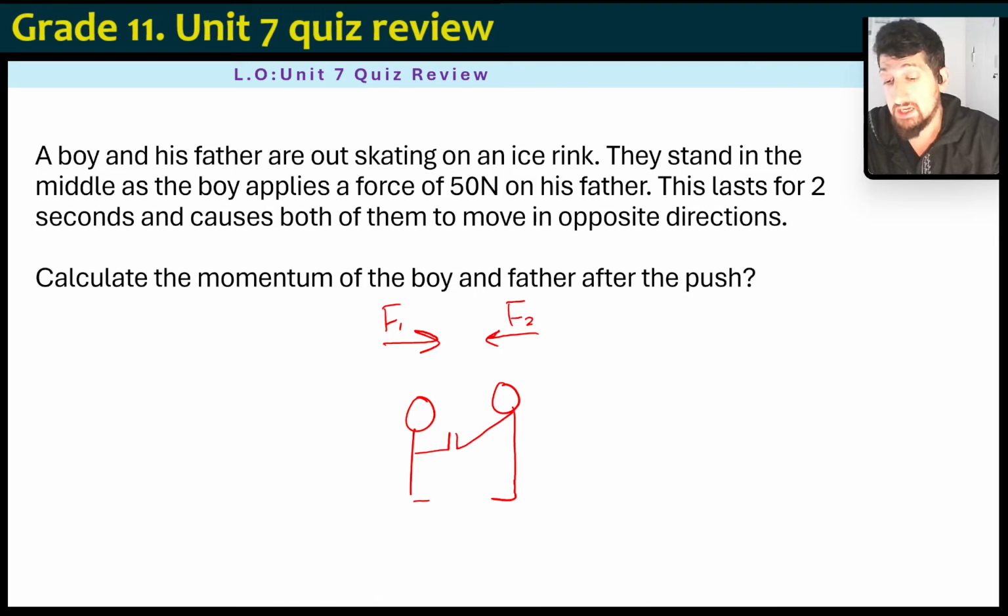This lasts for 2 seconds. So we've got the time, which is a big clue that we're dealing with impulse. We've got the force. And it says here, calculate the momentum of the boy and the father after the push.